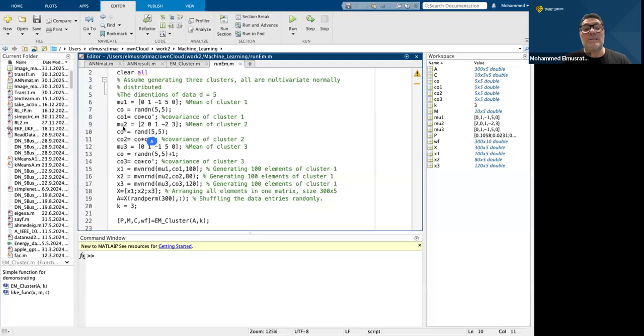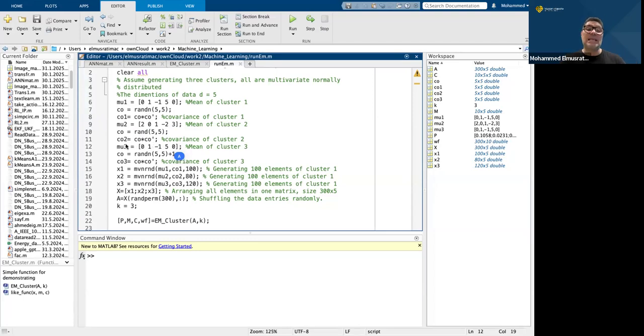And then I define cluster 2. In cluster 2, I define a different mean than cluster 1. And also I define the covariance of cluster 2. In this case, the covariance was random, not a normal distribution, but a random distribution. So I just use another distribution, and then I also multiply it with the transpose.